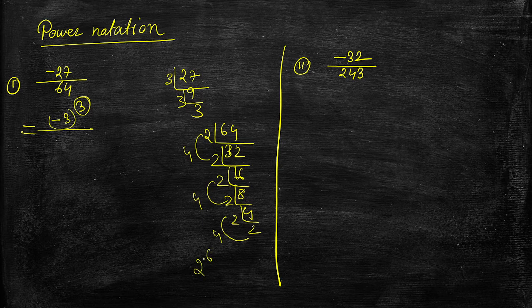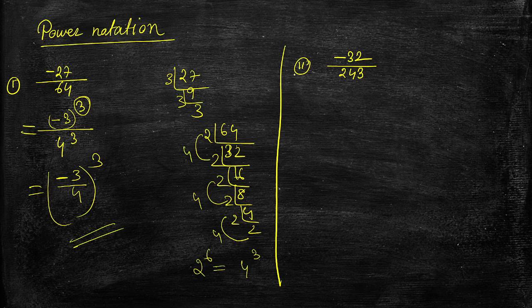For 2 to the power 6, 2 into 2 is 4, 2 into 2 is 4, 2 into 2 is 4. So we can write it as 4 to the power 3, because 3 fours are coming. So this is 4 to the power 3. Now see, here the power is 3 also, here the power is 3 also. We have only one motto here, that we need to make the power same. Now we can write it as minus 3 by 4 whole to the power 3. I hope you understood this. Now solve this one by yourself.